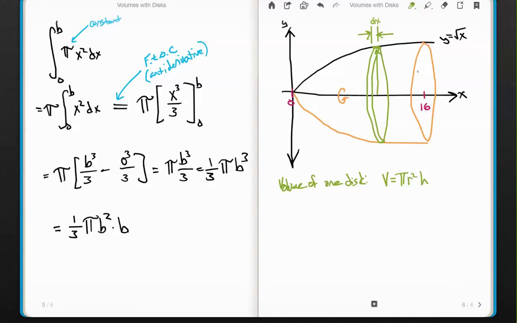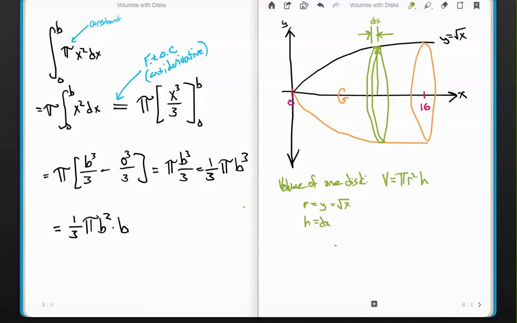So my radius still equals y, height equals dx, but this time my y value is actually the same as the square root of x. So my radius equals y, which equals the square root of x.